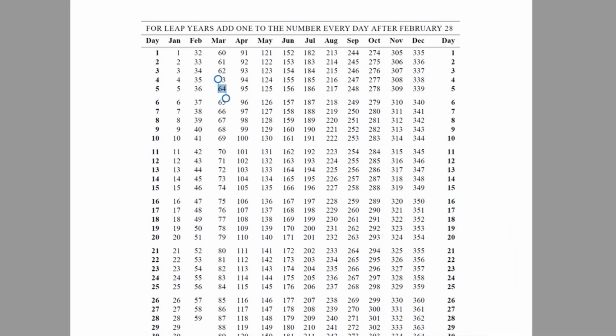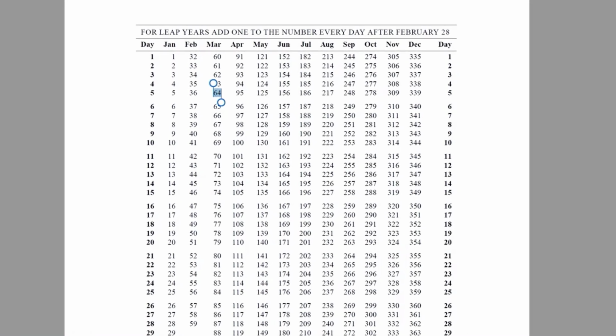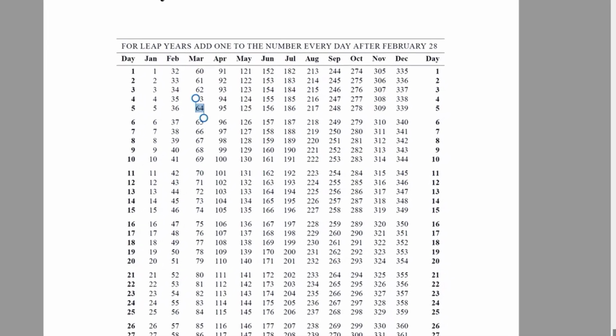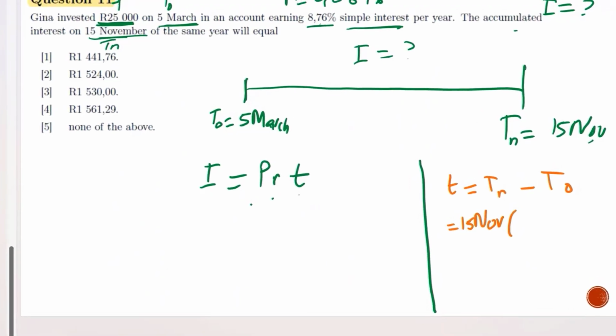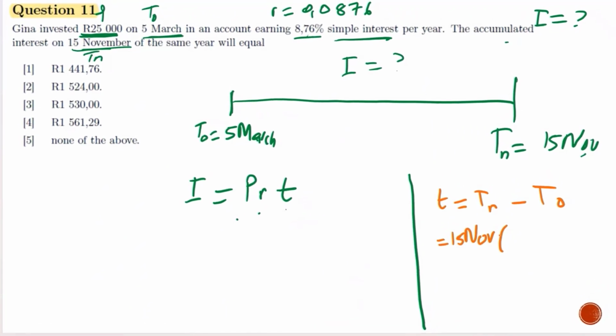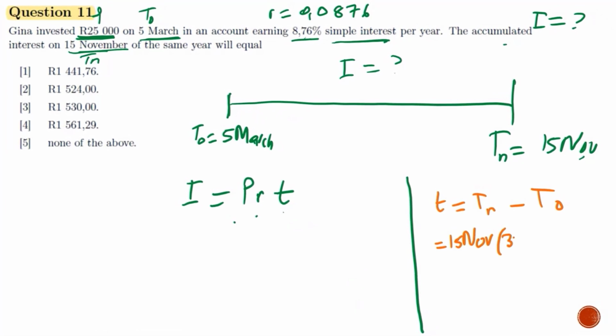This is at the end of your notes, page 233. You'll find the calendar, which gives you the number of days without having to do the calculations. So the 15th of November is 319, minus 5th of March, which the table tells us is 64 days.